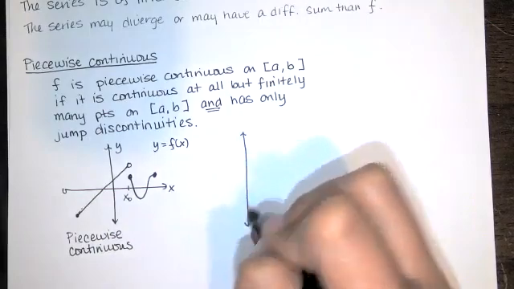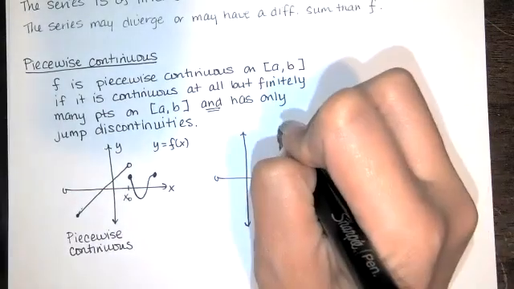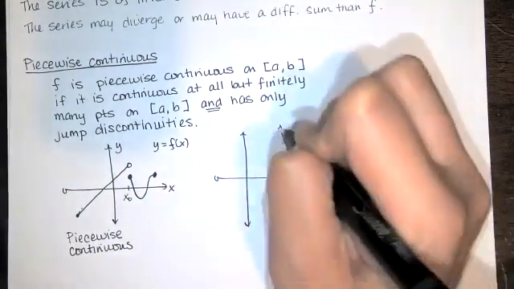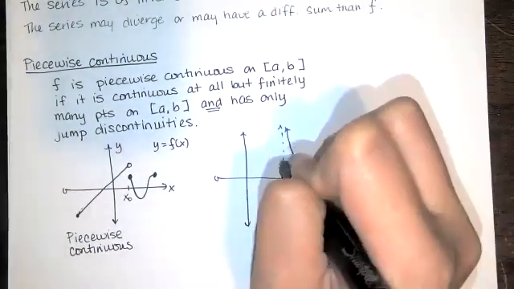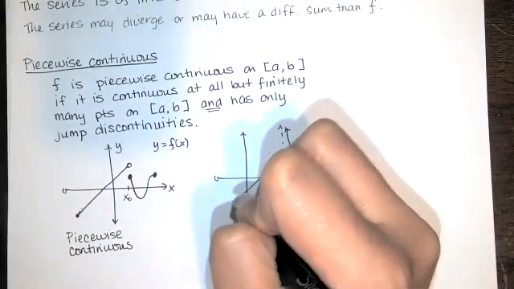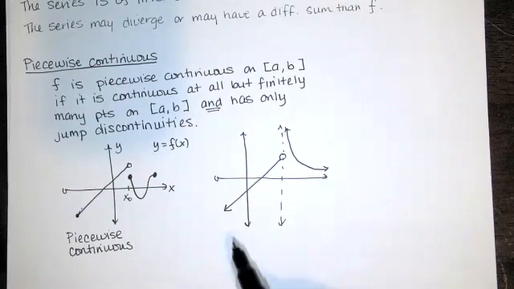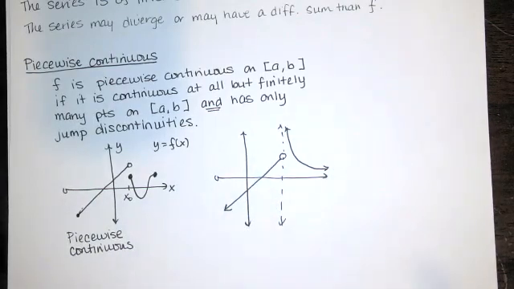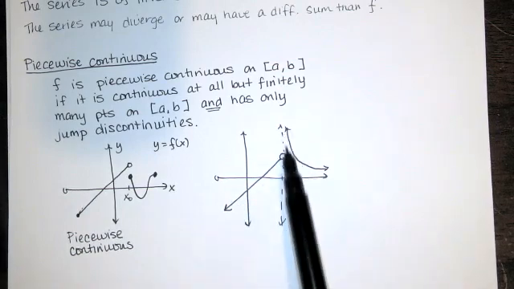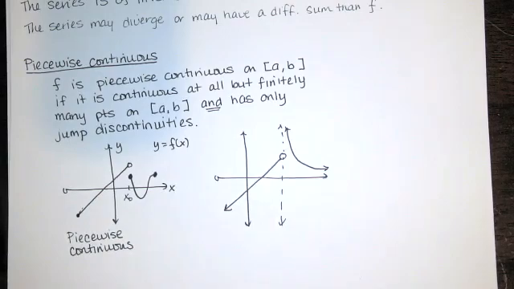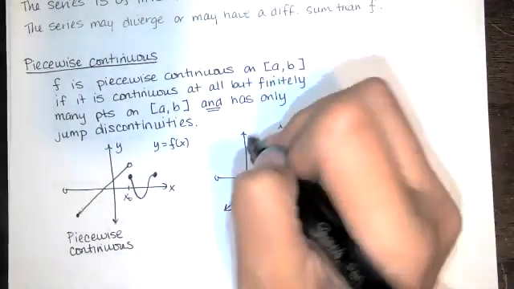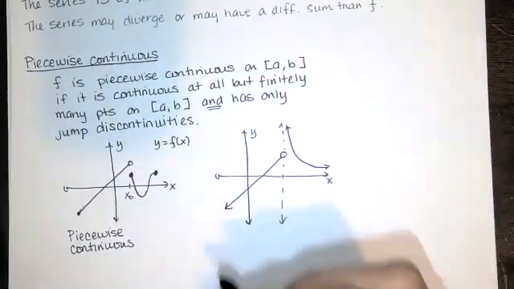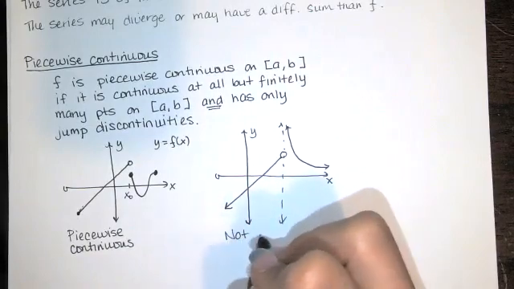Now, if we had an infinite discontinuity somewhere, so maybe you've got an asymptote and the function looks like this. This function seems to be well-defined, and you might even think it's piecewise continuous because it looks like it's got two continuous pieces. Intuitively, you might think, oh, that's a continuous piece and that's a continuous piece, so it's piecewise continuous, but that would be wrong. This is not piecewise continuous.